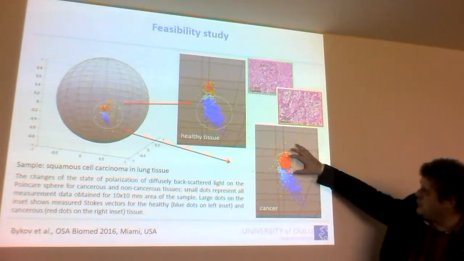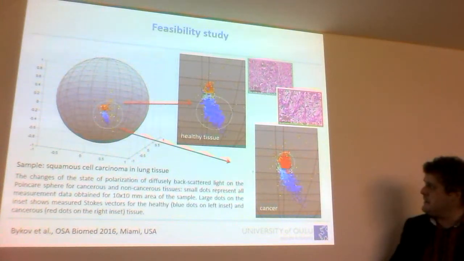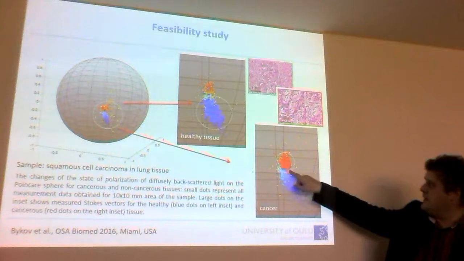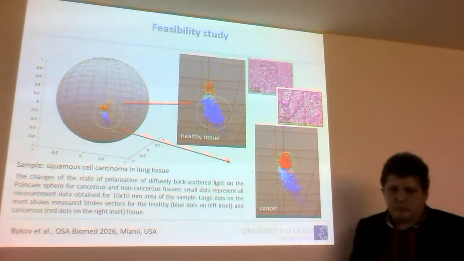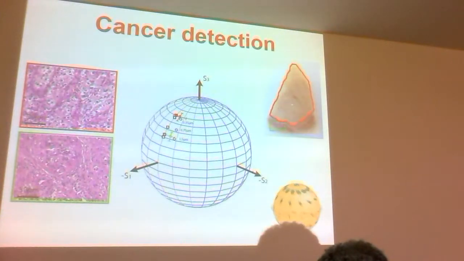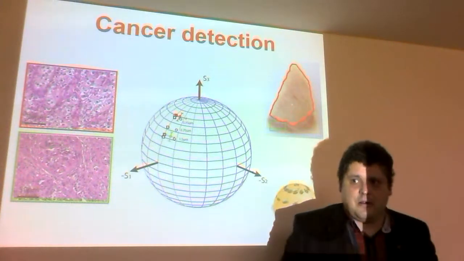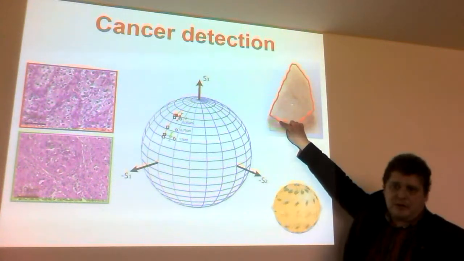we're able to clearly recognize the cancer and non-cancer parts, but of course there are always some areas that can overlap, basically on the boundaries between cancer and non-cancer.